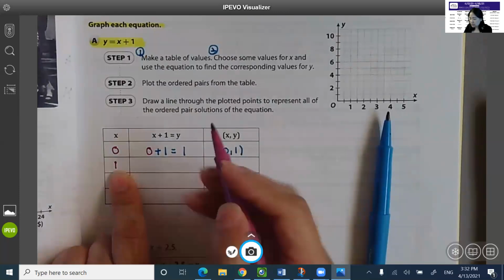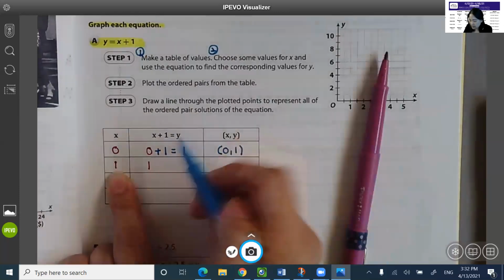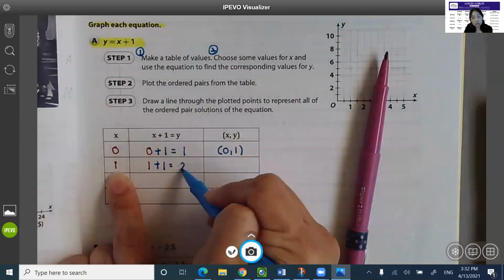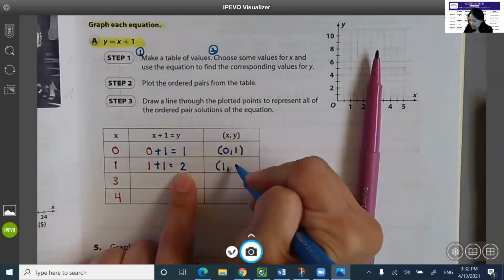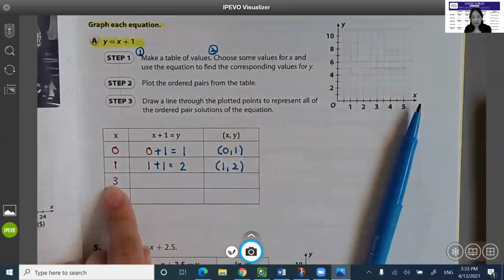What happens when x is 1? So I'm going to write 1 plus 1, what is that? That's 2. So that means when x is 1, y is 2. Is that making more sense? What about when x is 3? Now, why did I skip 2? Just because, okay?